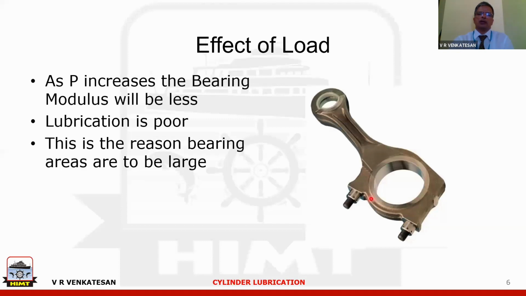Because in a trunk piston, when you are removing the piston, one half of the bottom end bearing has to pass through the liner. So if I cut like this, then only half of the bearing diameter is actually passing through the liner size. This is the only size which has to pass through the liner.